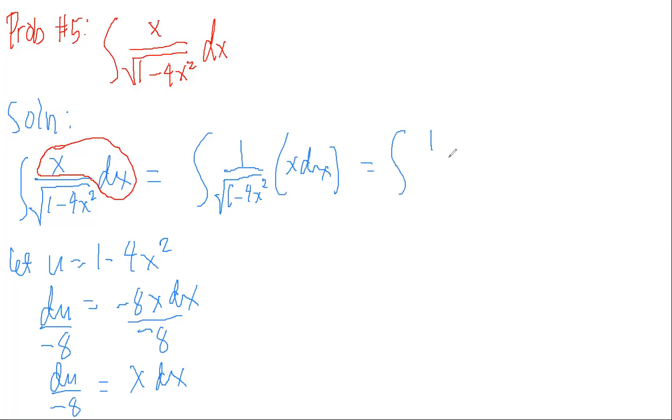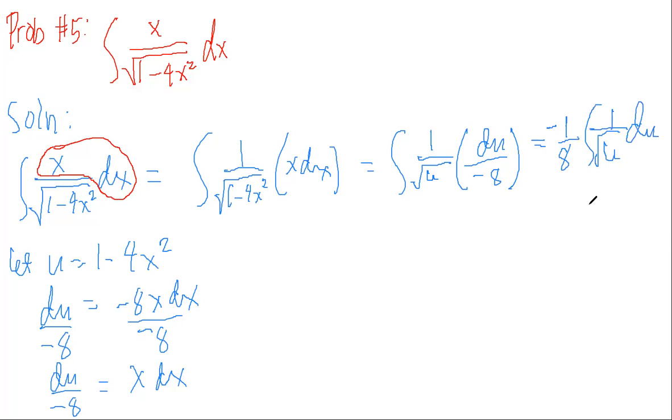So this is 1 over the square root of u, and x dx is equal to du over -8. And let's simplify. Since the denominator is constant, we can factor it out. So that's -1 over 8 times the integral of 1 over the square root of u du.